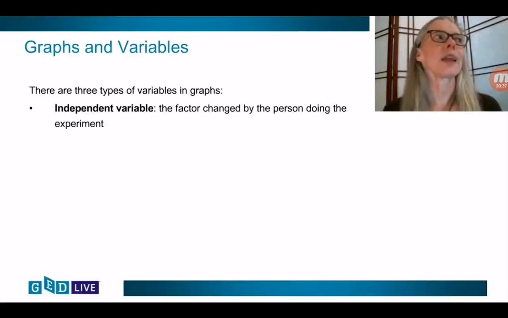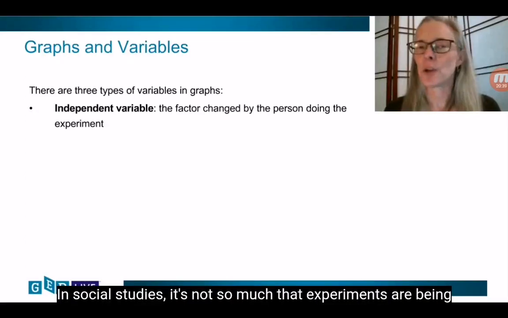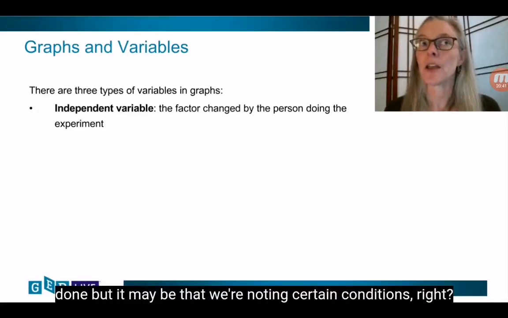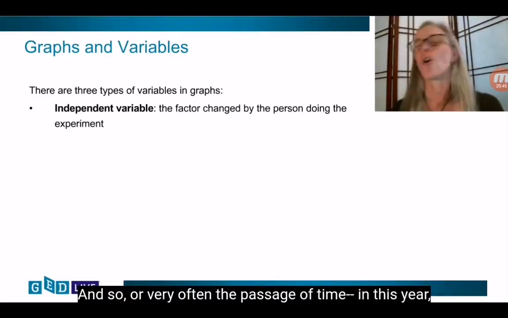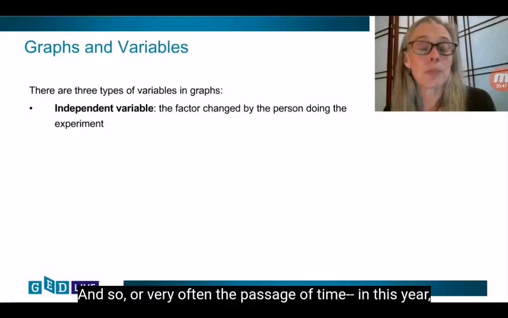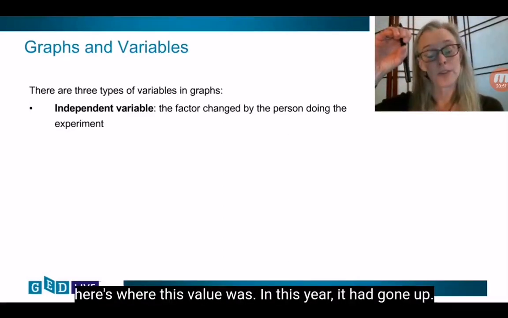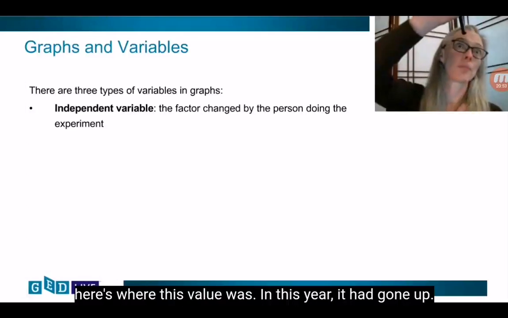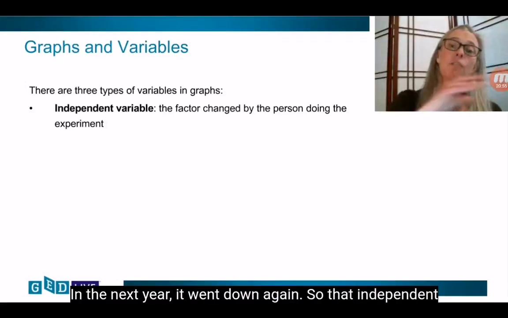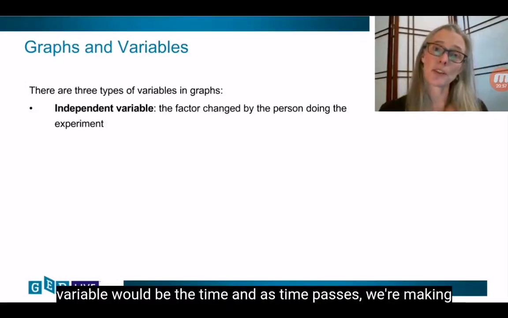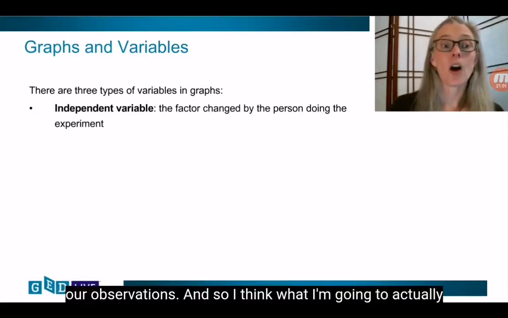In social studies, it's not so much that experiments are being done, but it may be that we're noting certain conditions, or very often, the passage of time. In this year, here's where this value was. In this year, it had gone up. In the next year, it went down again, right? And so that independent variable would be the time. And as time passes, we're making our observations.